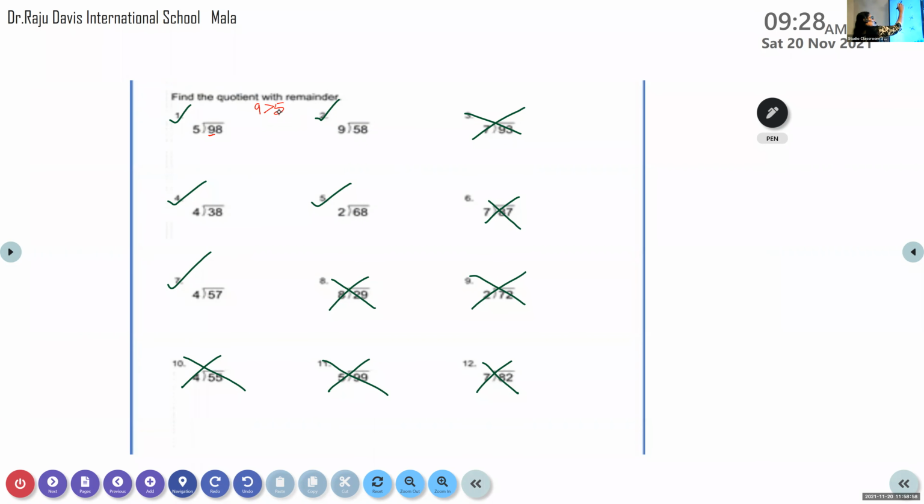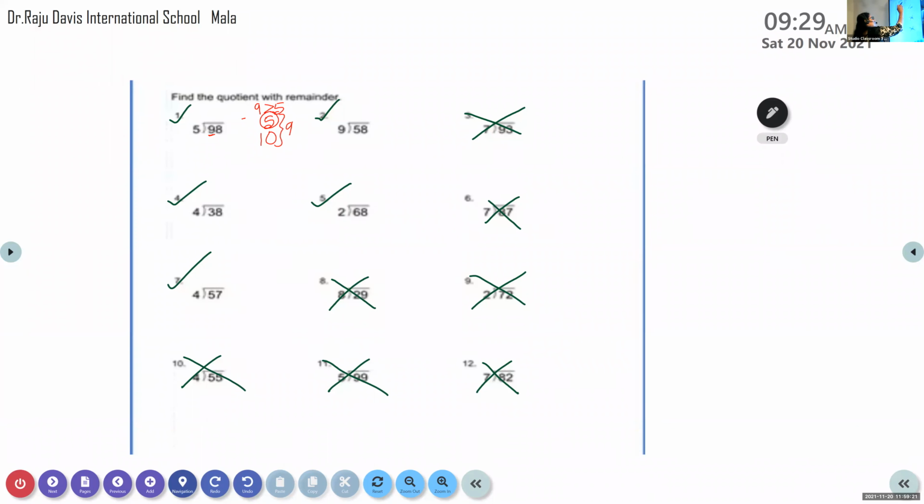Then you have to check in between which two numbers it lies. 5 ones are 5, 5 twos are 10. Now you got a number bigger than 10, bigger than 9. 9 lies in between these two numbers. 10 cannot be taken because it is bigger, so you have to take 5.